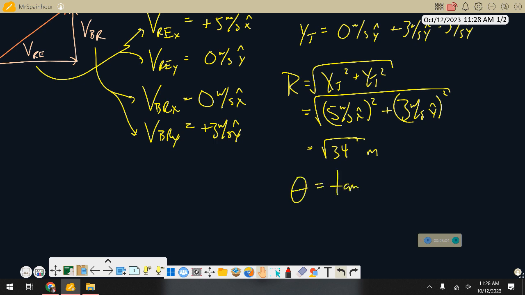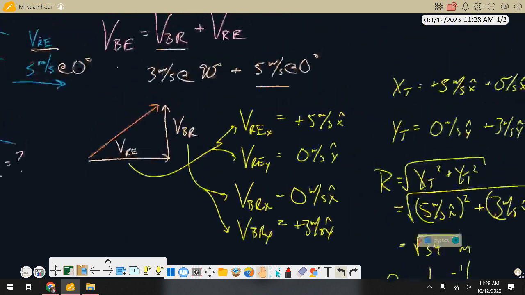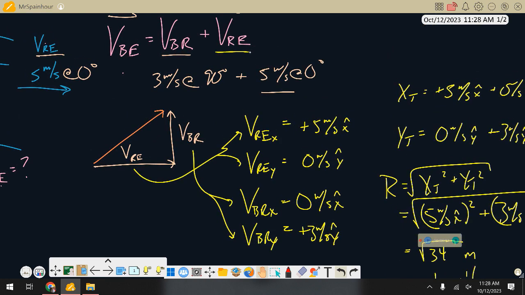The angle is equal to the inverse tangent of, now this is where you might have asked the question, why on earth, when I made this equation, did I draw this second vector first? The answer is because I wanted this along nicely along the x, so I could measure that angle right there. You don't have to do that. You technically could have made it like this. The problem is when you do that, if you do trig, x is actually the opposite for that angle.